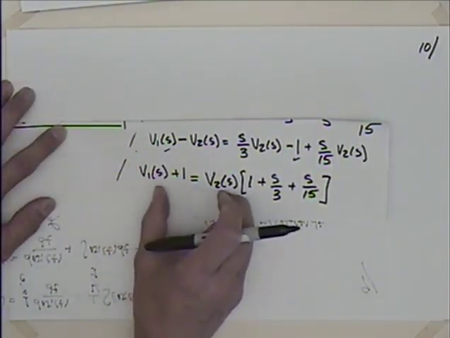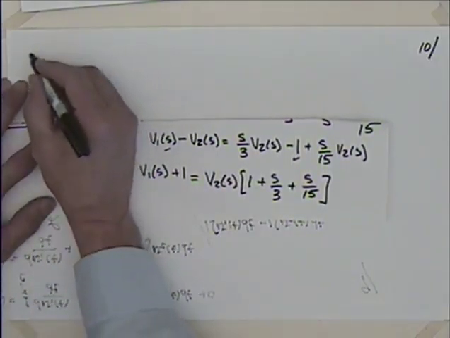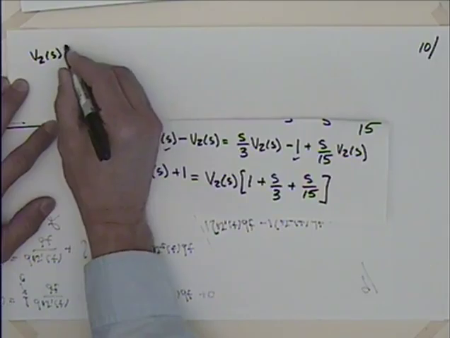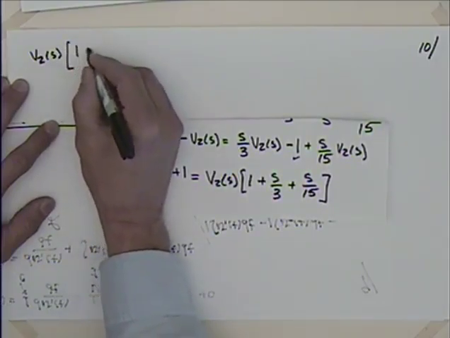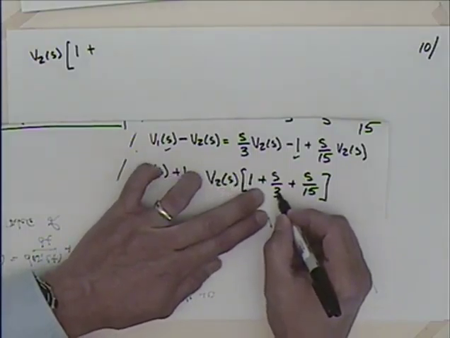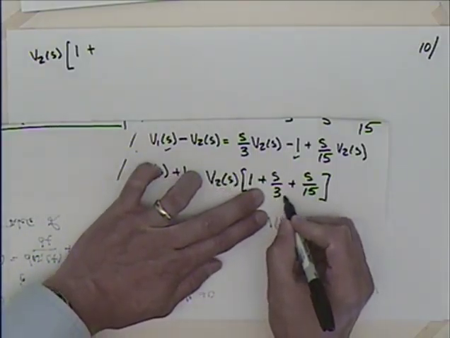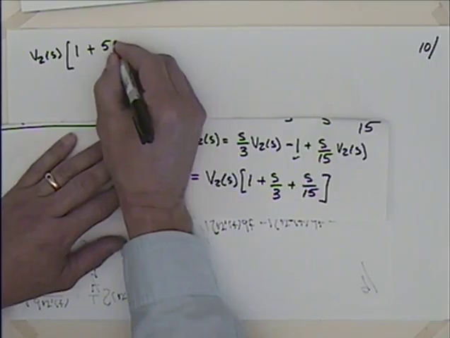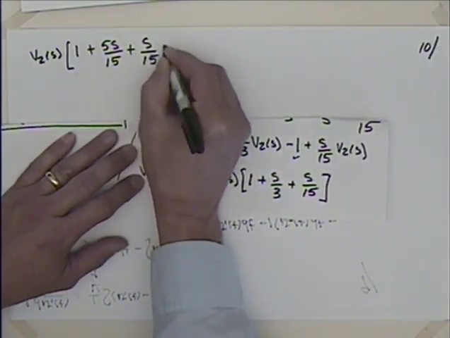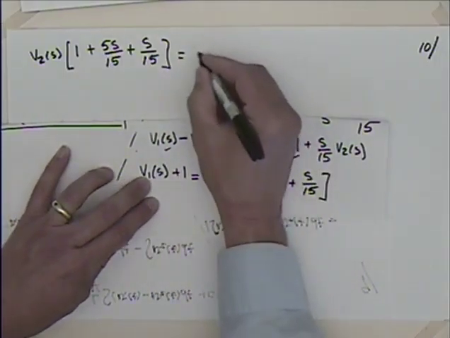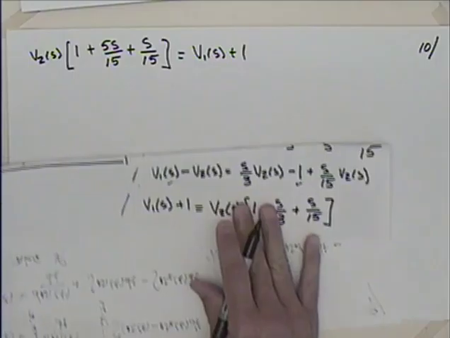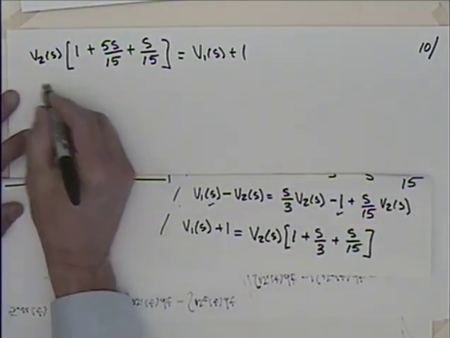Maybe I'll flip sides here, and V2(s) times 1 plus, let's see, if this were 15, I could say that was 15, so I'd have 5s over 15 plus s over 15 is equal to, putting this one on the other side, V1 in the s plus 1. Yeah, I think I'm making some headway now.